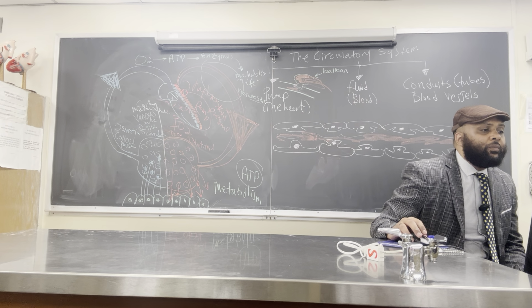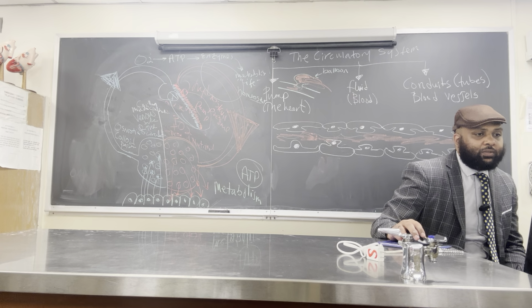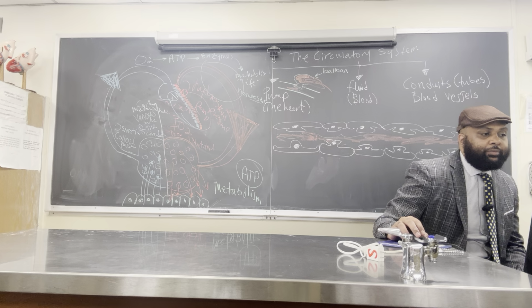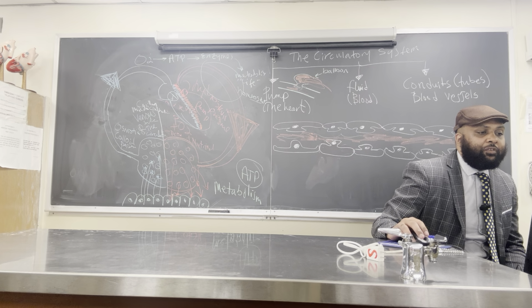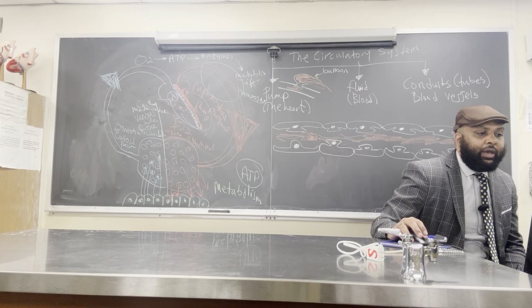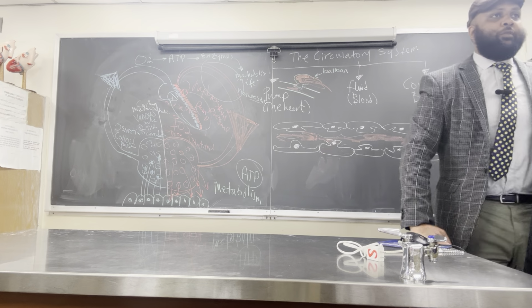So now, in the walls of some major vessels, there are sensory structures that monitor the blood pressure and the chemistry, and they transmit the information to the brain stem to regulate the heart rate, the blood vessel diameter, and the respiratory rate. We discussed this concept before.